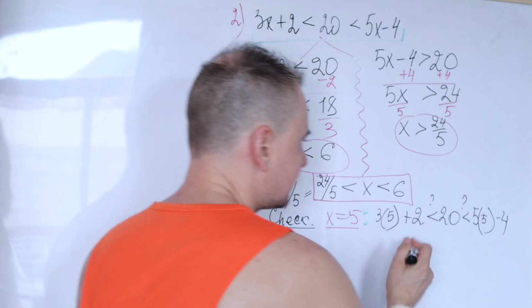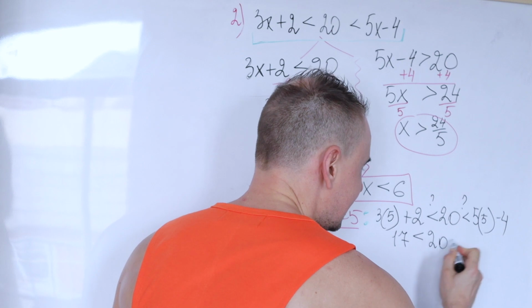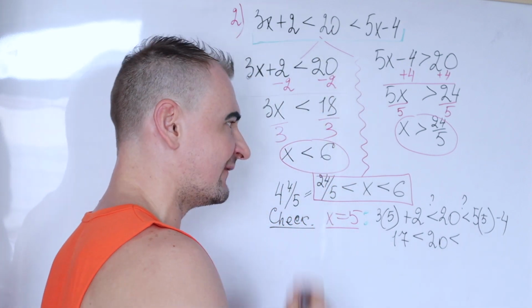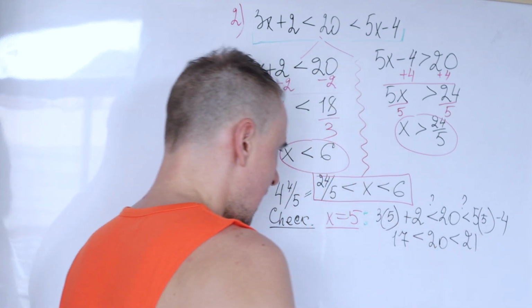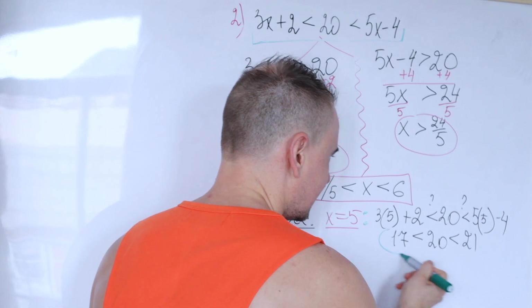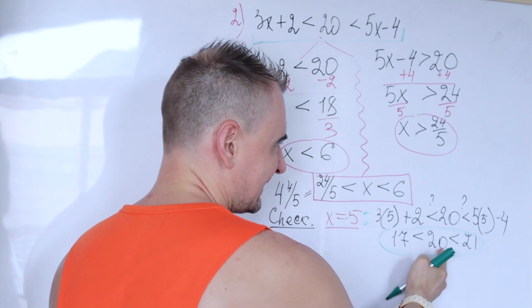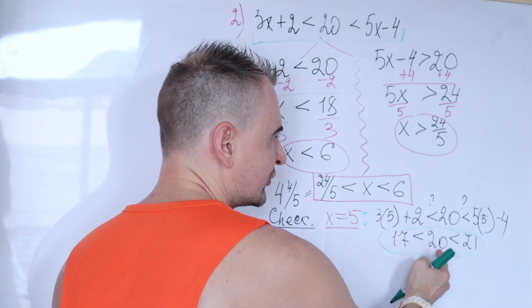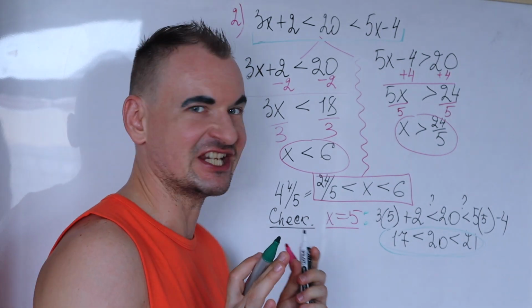So 15 plus 2, 17, is less than 20. And since 5 times 5 gives you 25, minus 4, 21. And as you see, 20 is precisely between 17 and 21. So 20 is less than 21, but greater than 17.